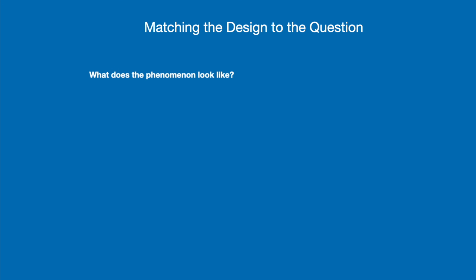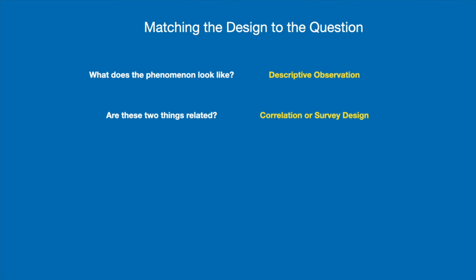Here's a principle that sounds simple, but will change how you read research. Different designs answer different questions. If your question is, what does this phenomenon look like? You need descriptive observation. If your question is, are these two things related?